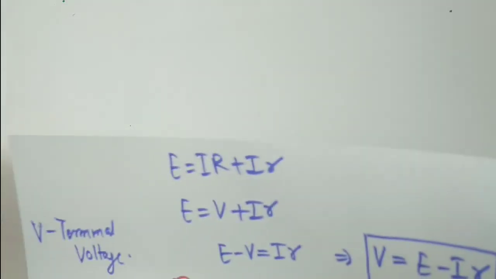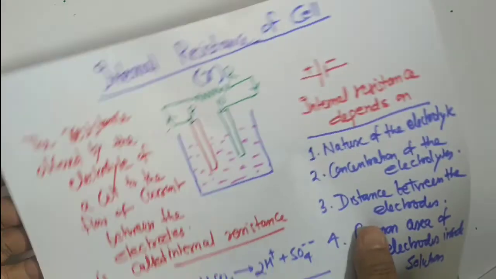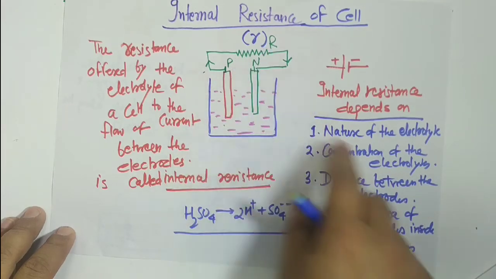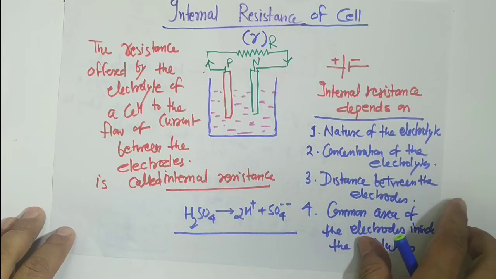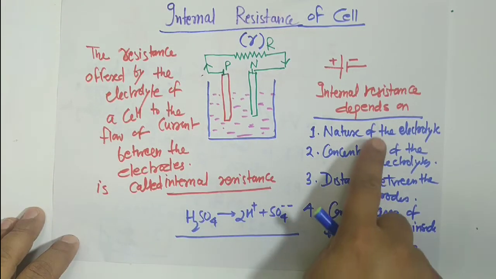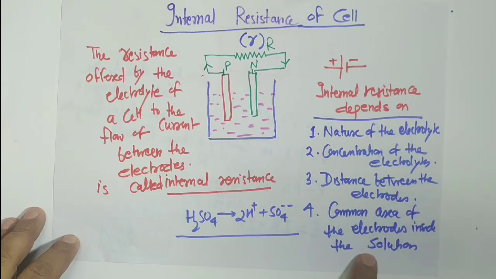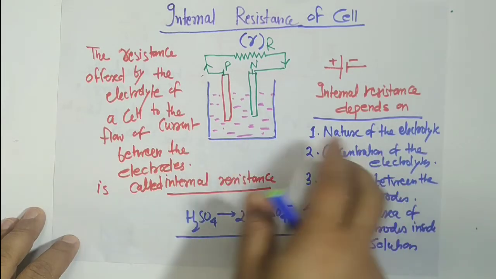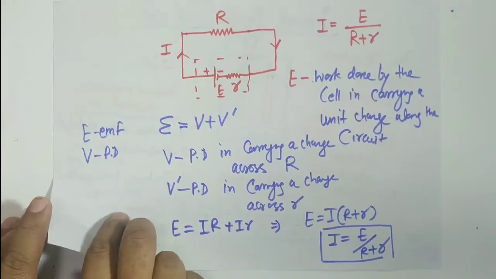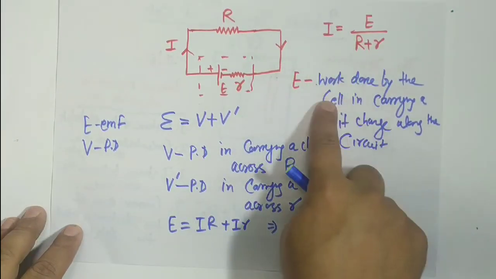So this is how the internal resistance comes in the cell. Got it or not? Again repeating how this internal resistance has come. The internal resistance is across the electrodes of the cell, and it is the small r. I showed you an activity of how the old cell is opposing the current because of its internal resistance, and internal resistance depends on certain factors. The electrode may be zinc or carbon, whatever you are using, and then how the current comes in the circuit.